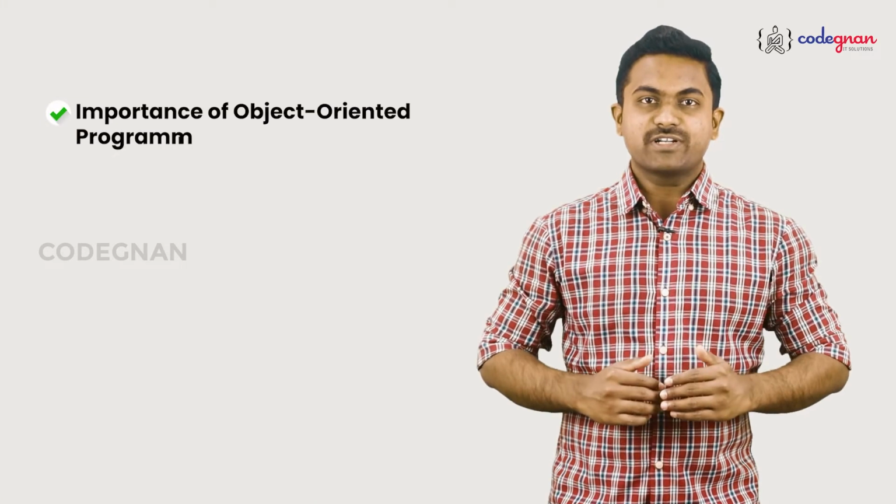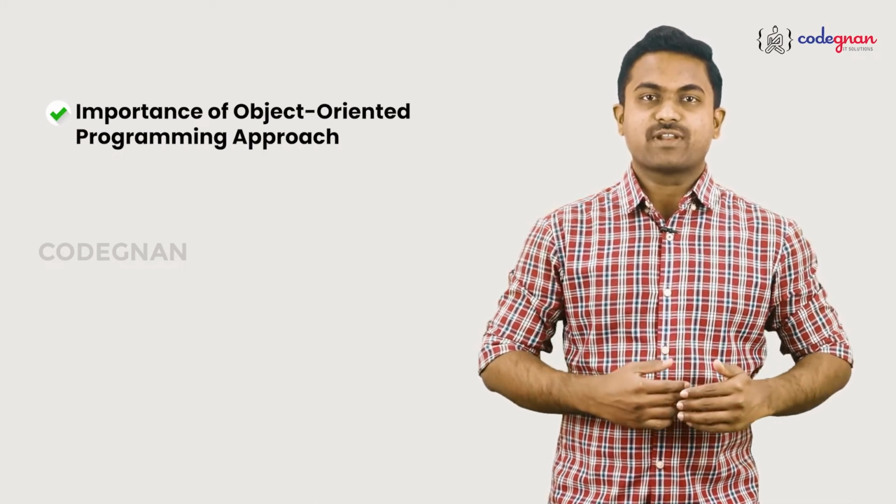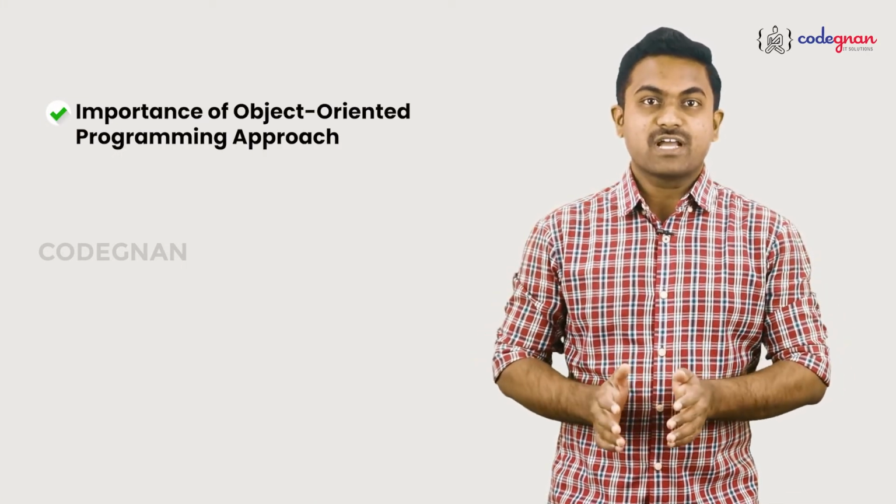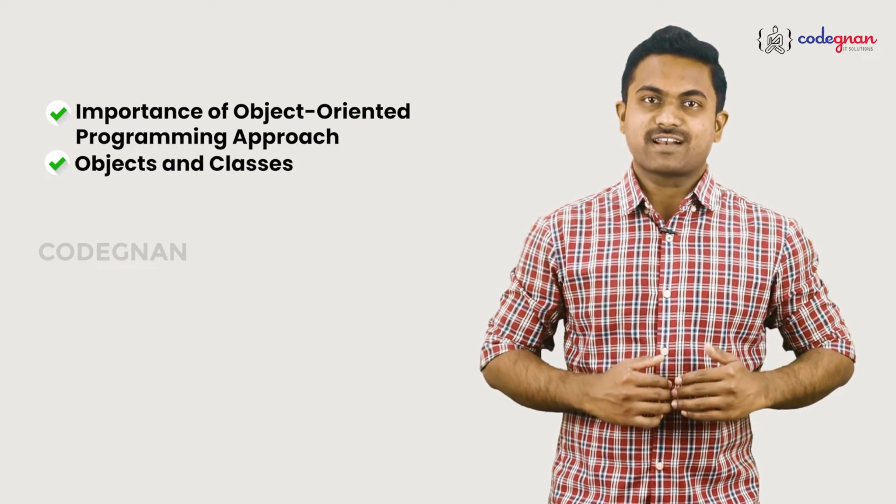As in the previous videos, we have understood the importance of modules along with working on several built-in modules. Now, let's know the importance of the object-oriented programming approach by stepping our journey into objects and classes.